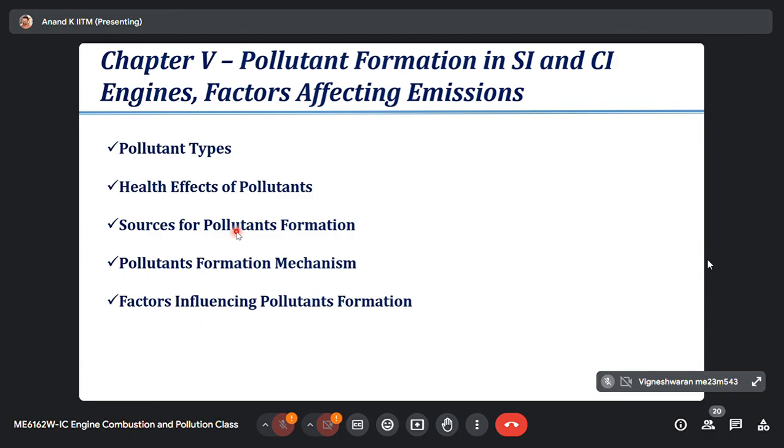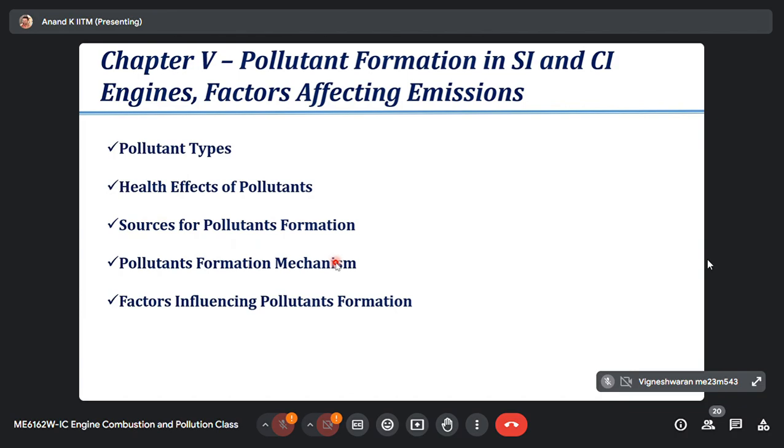So we have discussed the various sources that create pollutant formation during an engine operating cycle in a spark ignited engine and a compression ignited engine. Now, having understood the sources, we are currently discussing the mechanism. What is the mechanism upon which these four species are formed? In the previous class, we started the discussion on the formation mechanism of oxides of nitrogen.